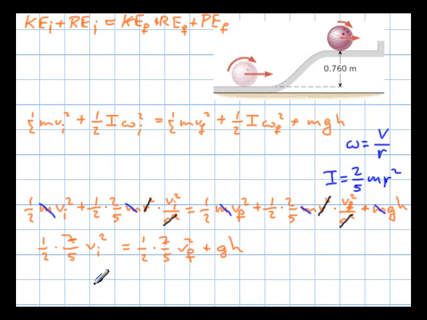And then it's a matter of plugging in the numbers here, subtracting this one here, dividing first by these two fractions, so dividing by 7/10 first, and then take the square root of the entire number, and you're going to come up with, because you take the square root, a positive and a negative square root, but the ball rolls to the right, so you have to choose the positive velocity, and that's going to be in meters per second. If you look at the units, you will figure that out.